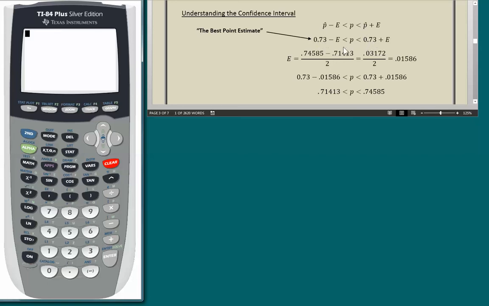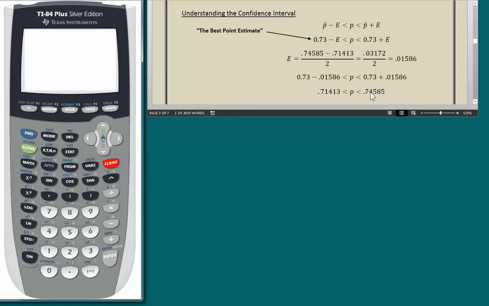How do we get E? Well, right here, it shows you the shortcut way to get E. This is not finding E using the formula. This is basically backing into E when the calculator has taken us straight to the answer, the confidence interval.